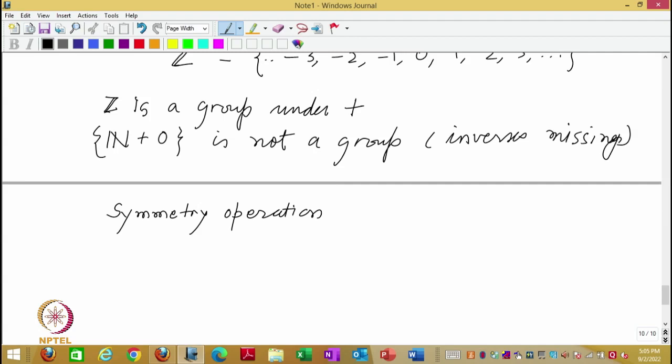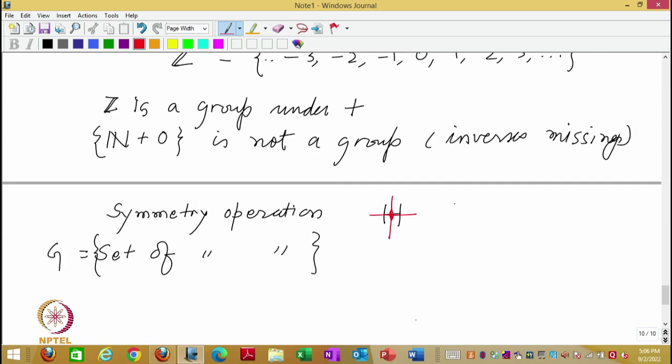So, our set G is the set of symmetry operations. For example, we saw that this H, which was highly symmetric, has a vertical mirror, a horizontal mirror and a two-fold axis.